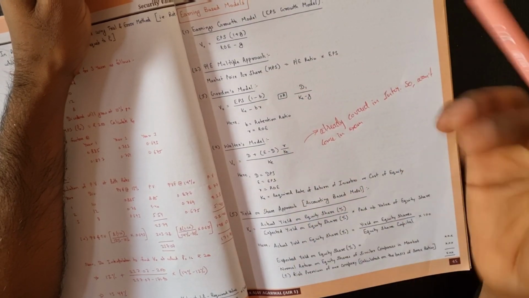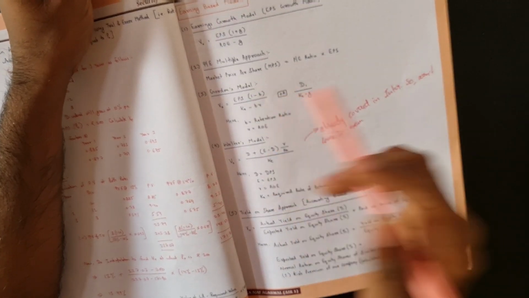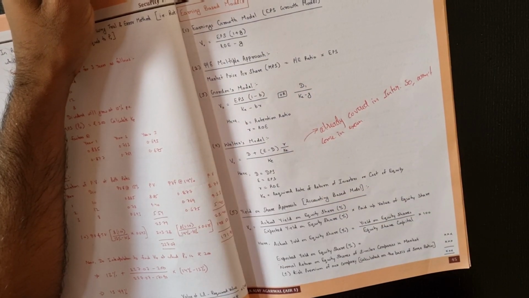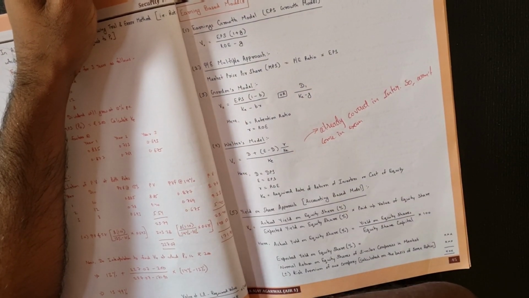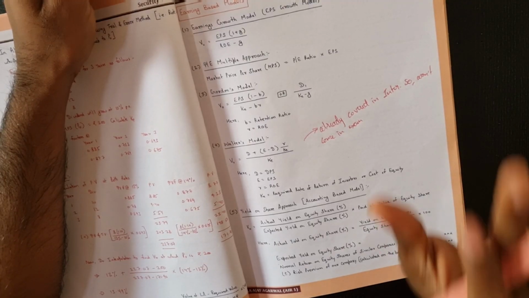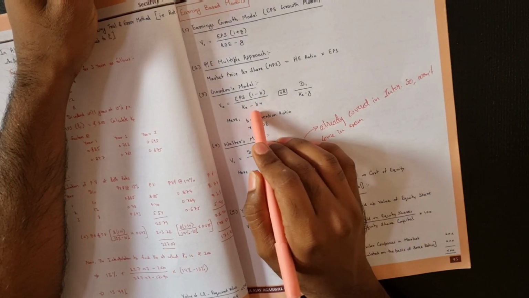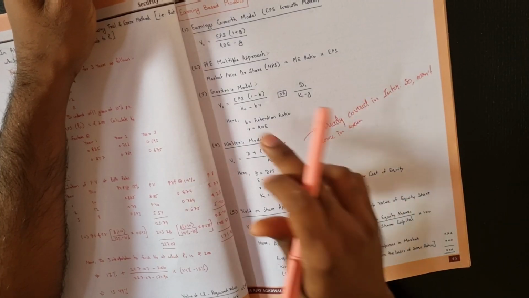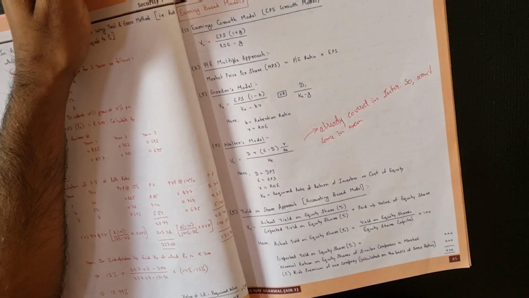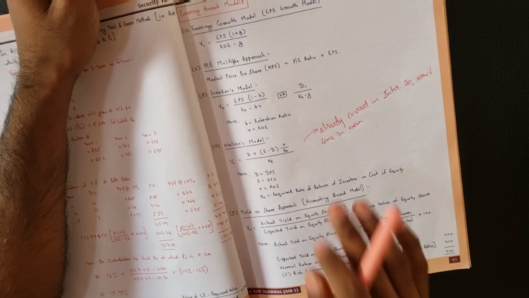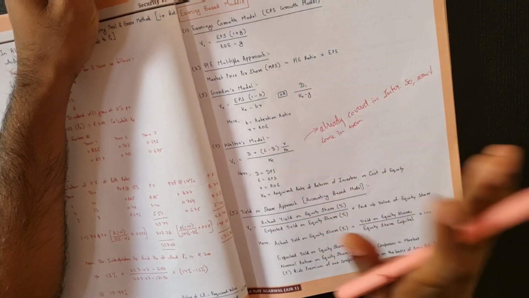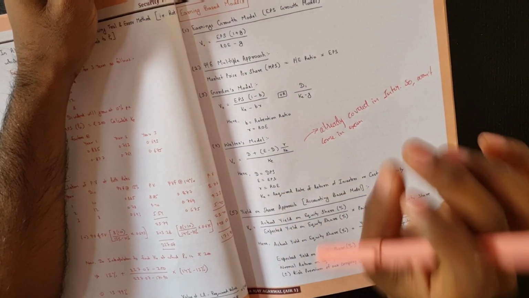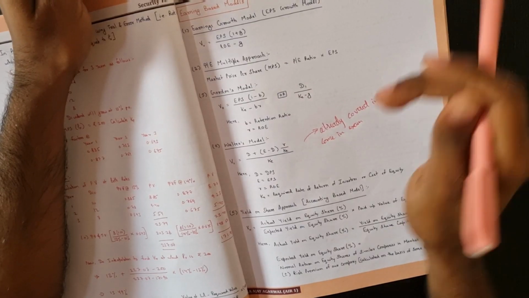So D1 upon KE, where KE means your required rate of return, minus B into R. B means retention ratio, R means ROE. We have seen this kind of sum in dividend based model also. So it is EPS into 1 minus B divided by KE minus B into R, or simply D1 upon KE minus G.